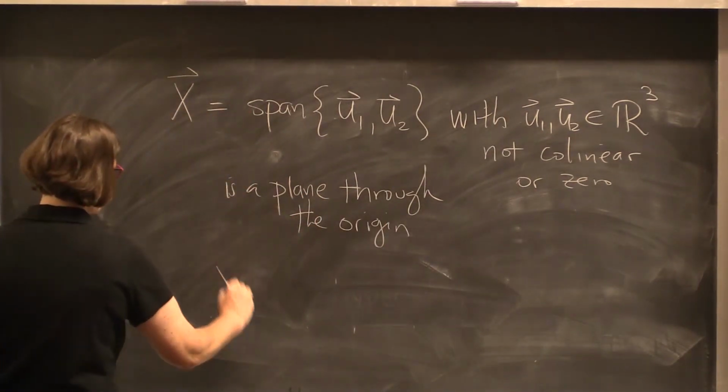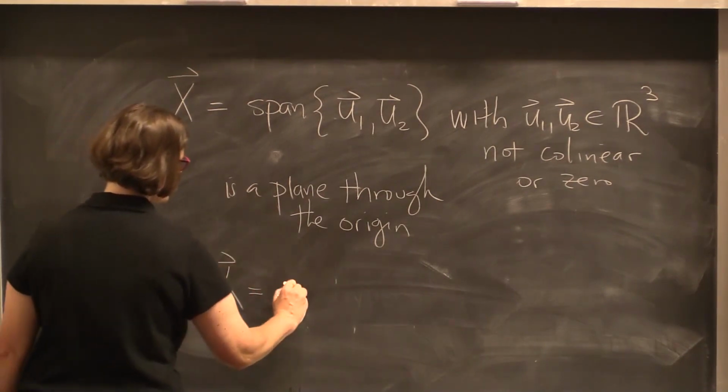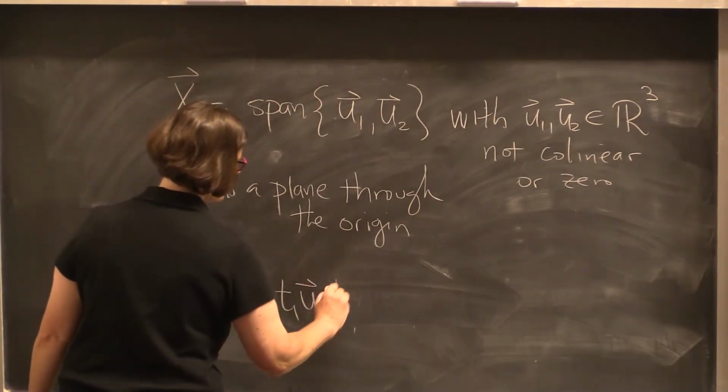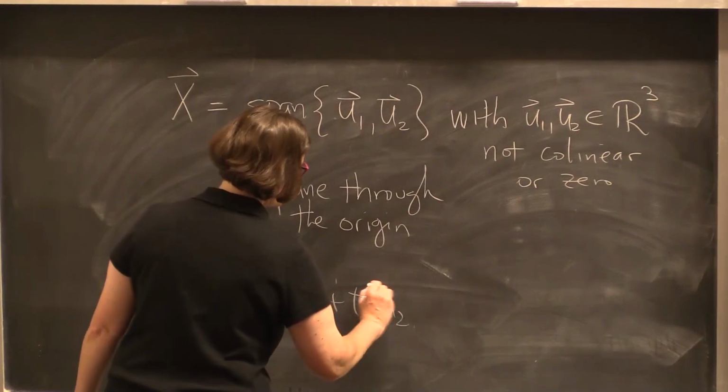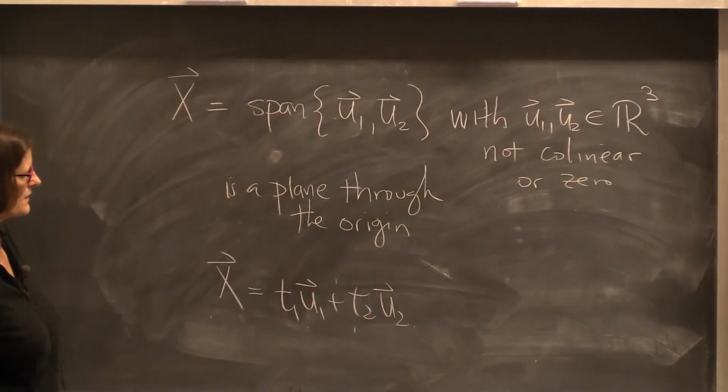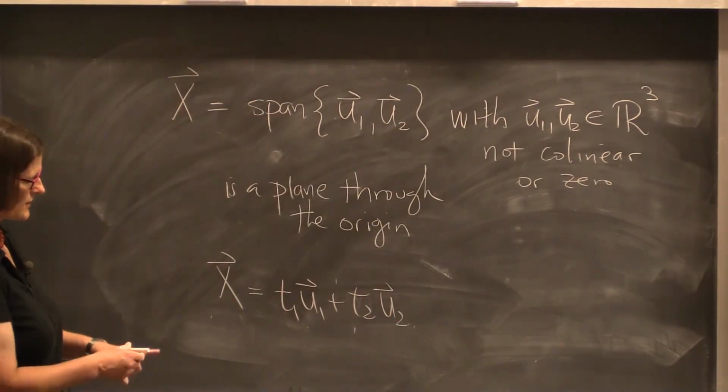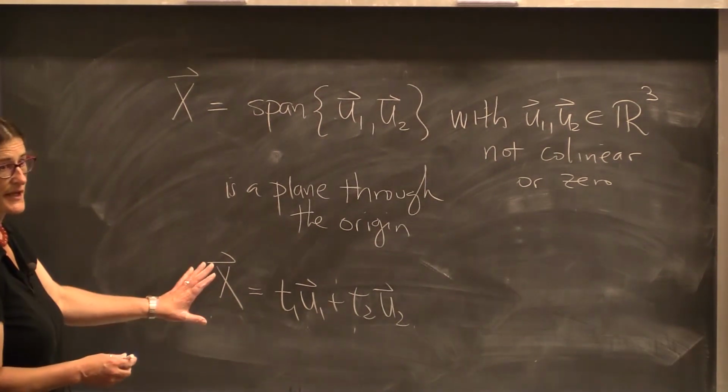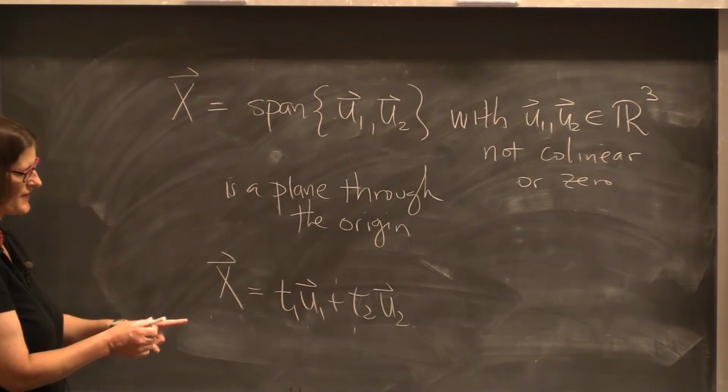So what I'm saying is that if you look at every linear combination of u1 and u2, as long as they're not collinear or either of them is 0, you will get a plane. So we've been through this. You have two vectors.